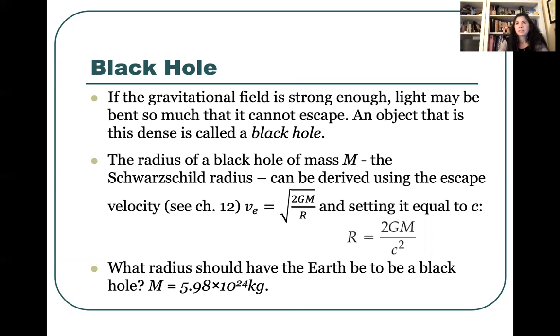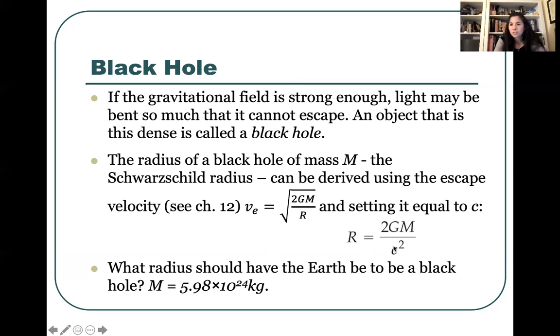By looking at the escape velocity given the value of the mass of the black hole, the Schwarzschild radius is given by this, where you have 2 times G, the universal gravitational constant, M, the mass of the black hole, over c squared, because here we're looking at the speed of light.